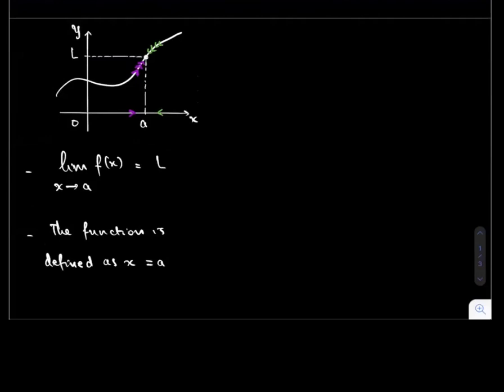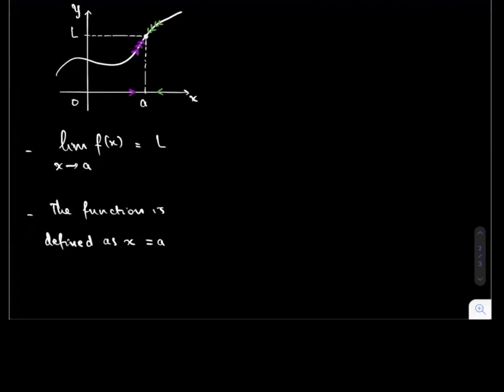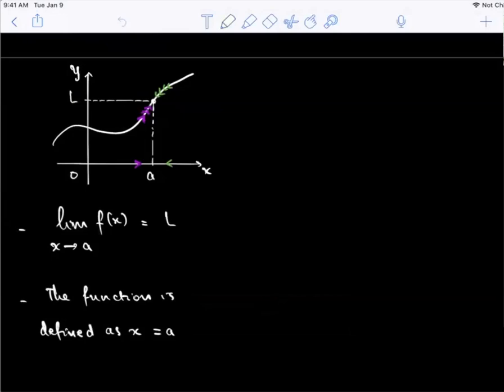The function is defined at x equal to a because there are no holes and no infinity at that point. So the limit of the function as x approaches a is equal to L, and the function is also defined at x equal to a. I'm going to give you another graph.